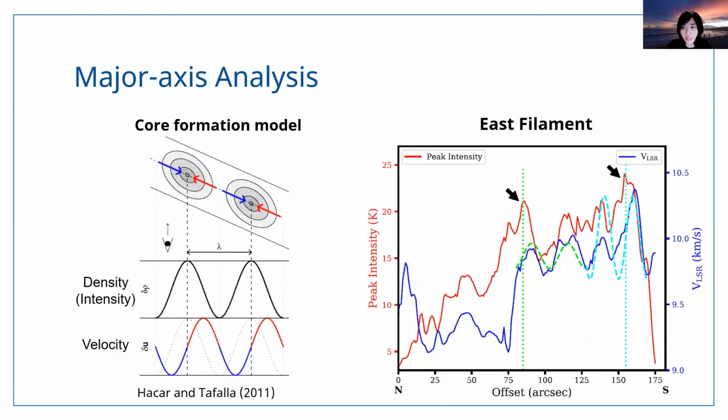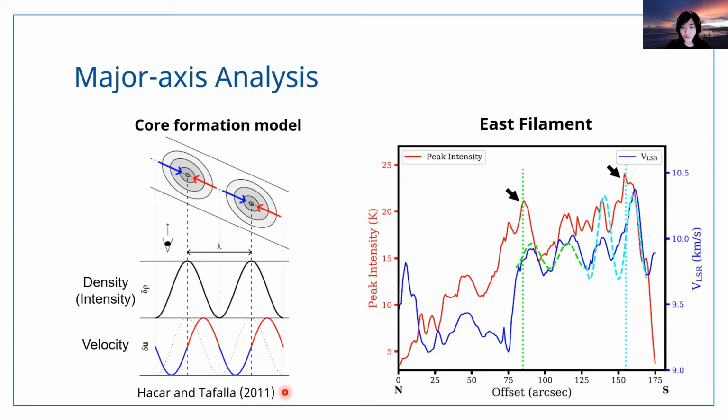And finally, we analyze along the major axis and compare with the core formation model. So based on the core formation model, if the gas along the filaments is converging toward the core centers, then we should see the density peaks corresponding to the position of vanishing velocity, which would lead to a phase shift between the density and velocity variation.